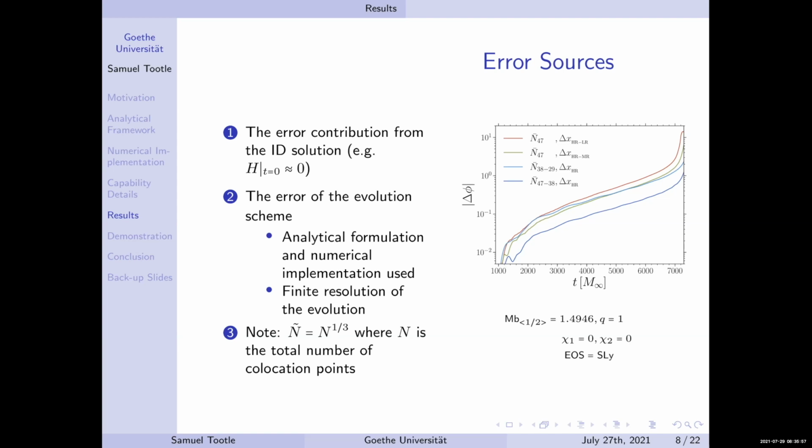We see a very clear convergence with regards to both resolutions, and we see that the evolution resolution is the dominating factor in our evolutions. So this gives us some confidence in our initial data codes and the results that we're providing.